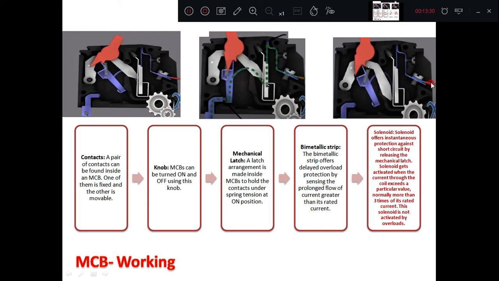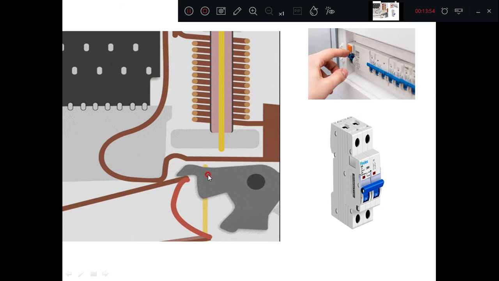Therefore, under abnormal condition, it will heat up. Because of this heating, the mechanism is moved here, and thereby there is a movement of the movable strip away from the fixed contact. Thereby there is an opening here, breaking the circuit between the fixed contact and the load. Thereby the circuit breaker works. You can see here, this is the fixed contact, this is the movable contact.